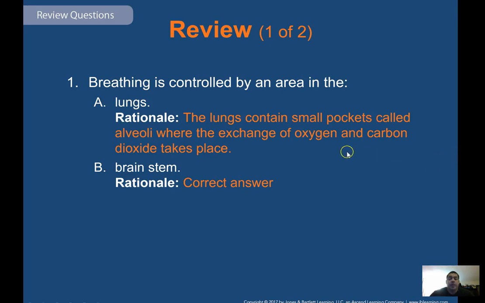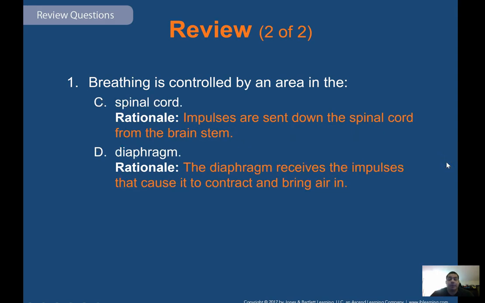The lungs contain small pockets called alveoli where the exchange of oxygen and carbon dioxide takes place. So that's respiration, right? Spinal cord. Impulses are sent down the spinal cord from the brainstem, and the diaphragm receives the impulses that cause it to contract and bring the air in.